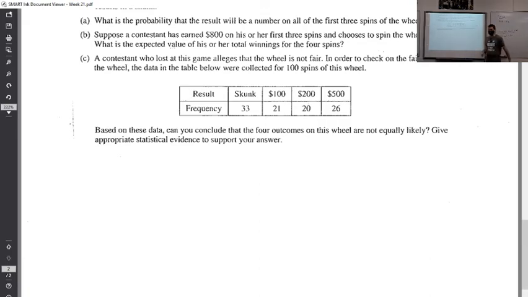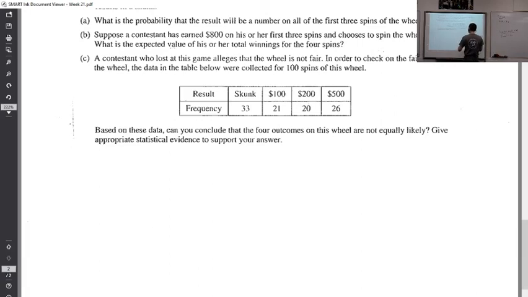Well, that means that our null hypothesis is going to be that the 4 outcomes are equally likely to happen. So our null hypothesis should say something like all 4 outcomes on the wheel are equally likely, or all 4 proportions are 0.25, like we had put on the table before. And an alternative is at least one of those values is incorrect.